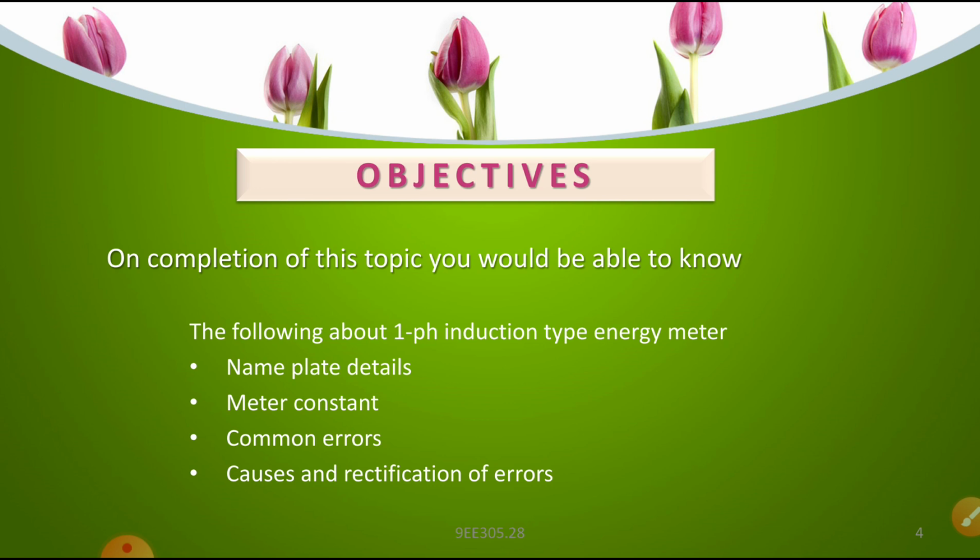If you are observing the nameplate details, as an electrical student, while we handle any type of application, we have to check it. First of all, we have to see the nameplate details of any device.